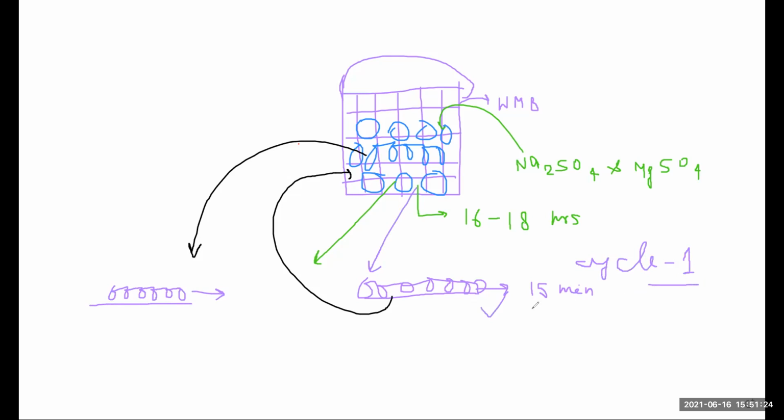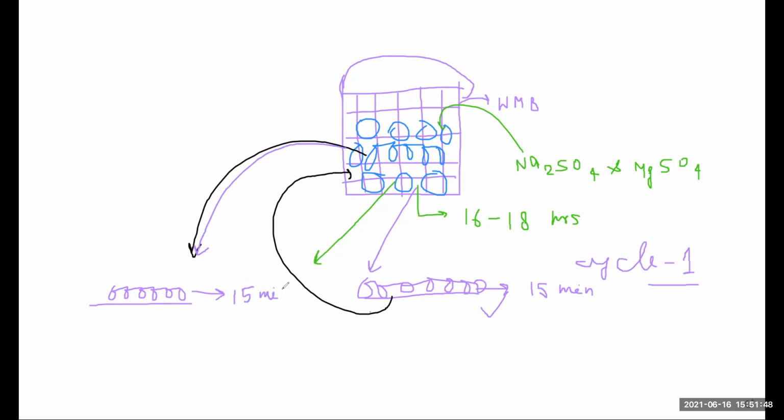Now again we put this aggregate into the bucket and allow the chemical to mix with our aggregate for a period of 16 to 18 hours. Then again we separate out our aggregates and dry them for 15 minutes.